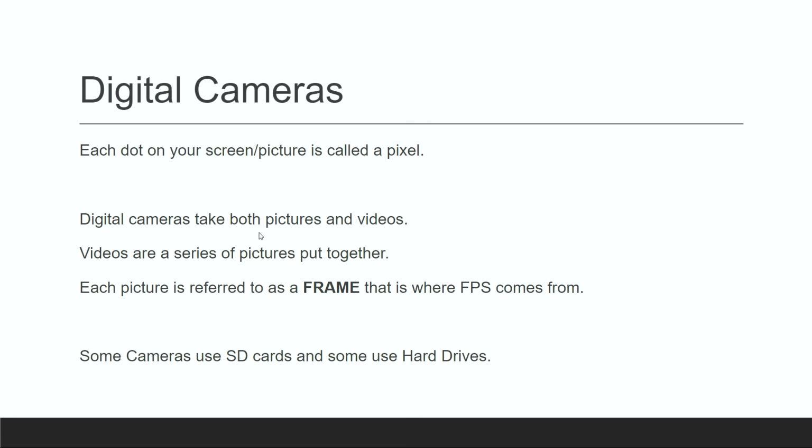If you have 60 frames per second, that's 60 photos per second, and some consoles now can do either 90 frames per second, that's 90 images per second, or 120 frames per second. Videos are a series of pictures, as I've said. Each picture is referred to as a frame, and this is where FPS comes from, frames per second. Some cameras use SD cards and some use hard drives or SSDs. This is something we will get into later on. It's called storage devices.